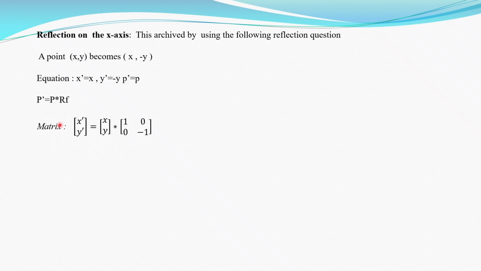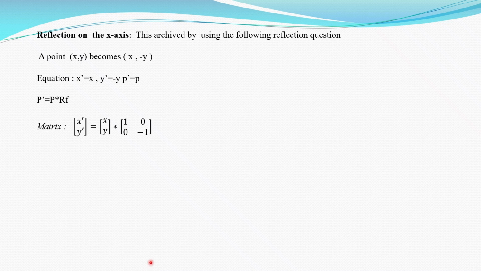Why do we take minus y? Because we are performing the reflection on the x-axis, y should be negative. The equation is x dash equals x, y dash equals minus y, where p dash is the reflected point and p is the original. The formula is p dash equals p into Rf, the reflection matrix.